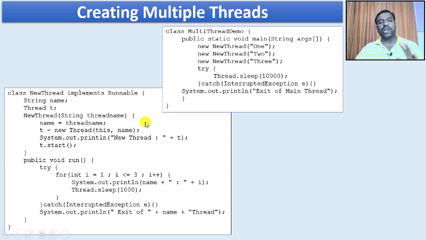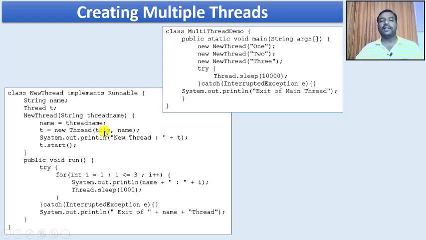And I'm going to have the constructor, which will accept one parameter, and the name I pass as the parameter will be stored in this data member as the name of the thread. And t will be used to create the thread, and the name I have stored here, I am going to pass as the name of the thread.